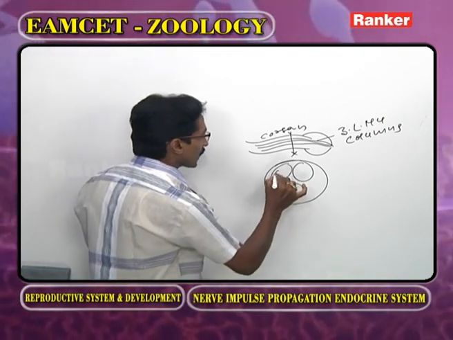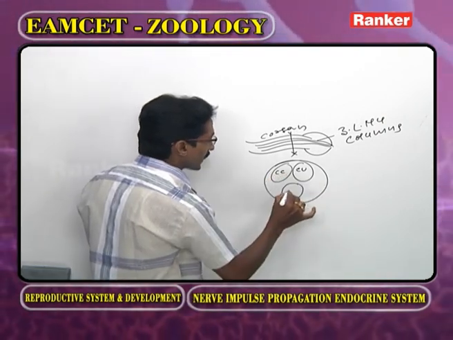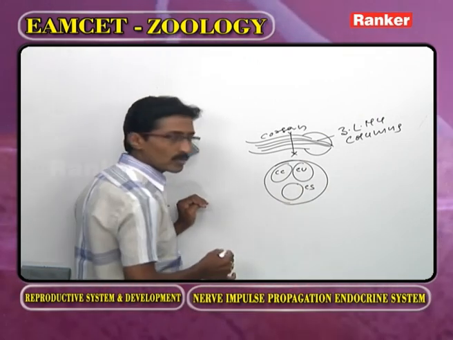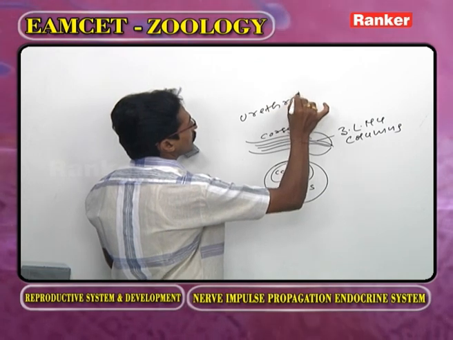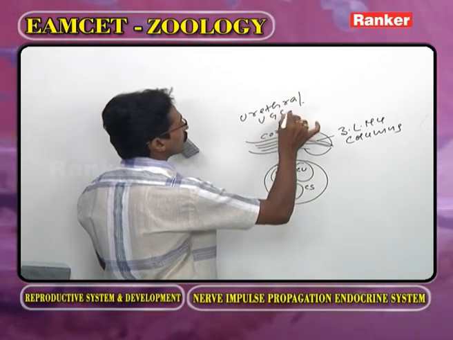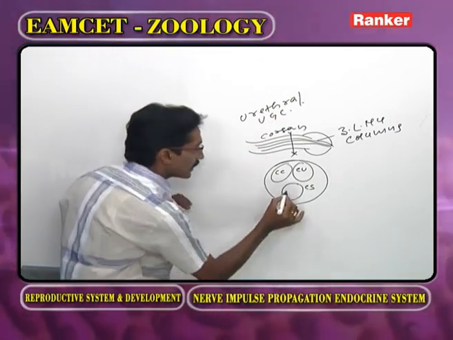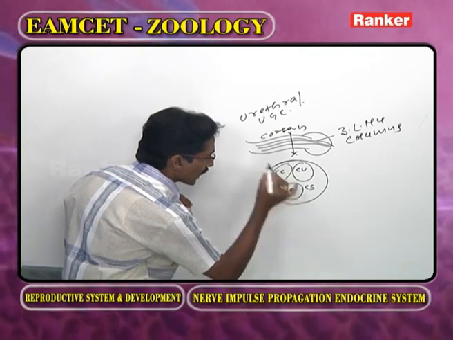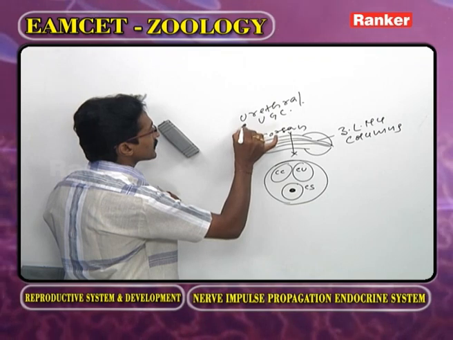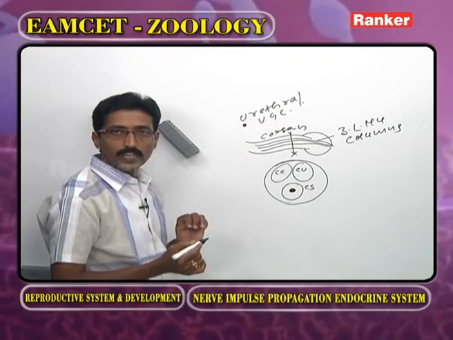Now this is corpora cavernosa and this is corpus spongiosum. Now what is the urethra? Urethra is nothing but the urinogenital canal. Now this dot indicates the urinogenital canal.